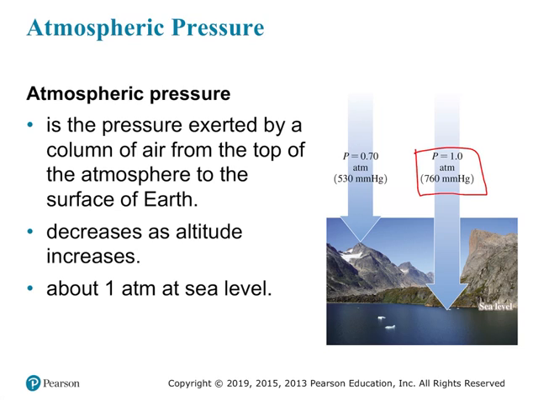However, if you were to climb up a mountain, the amount of gas decreases, or at least the pressure of the gas decreases. So air kind of thins out as you go up in altitude. For instance, at the top of this mountain in the picture, atmospheric pressure has decreased to 0.7 atmospheres, or 530 millimeters of mercury.